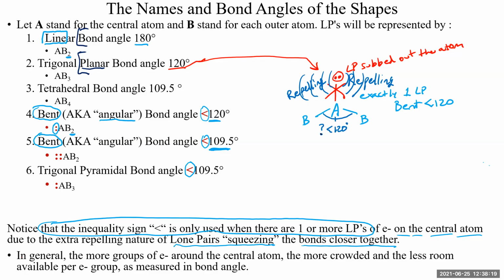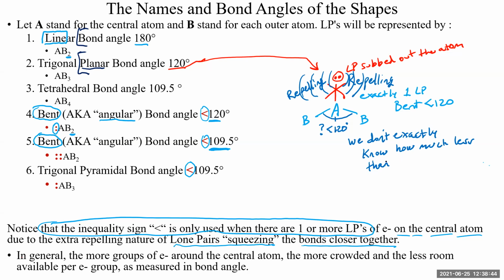How much less than 120? We don't exactly know. And indeed, it will actually be different for different central atoms, different molecules. So we don't exactly know how much less than 120. That's why when you don't know something in science, you don't make up something.